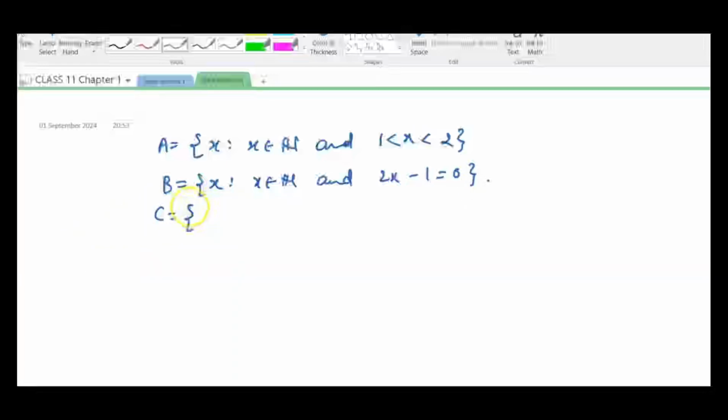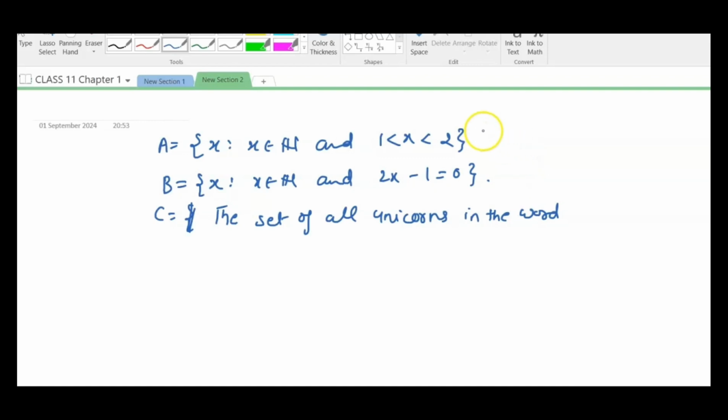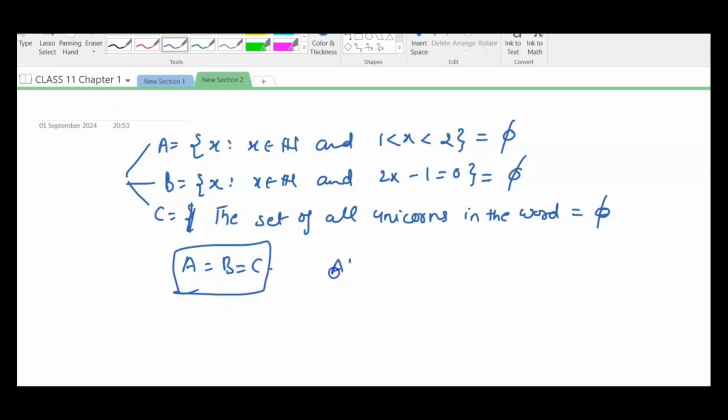Or C is simply the set of all unicorns in the world. We have already discussed that this set is empty. And as far as we know, there is no unicorn in the world, so this is also empty. So all these sets, even though they are written differently, are equal. All empty sets are equal to each other because they are simply the same set.